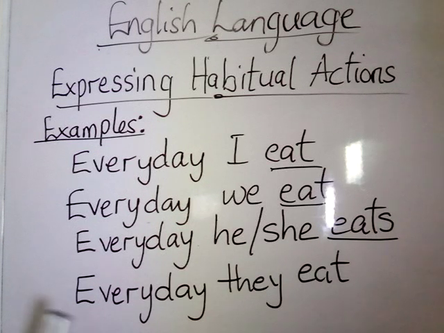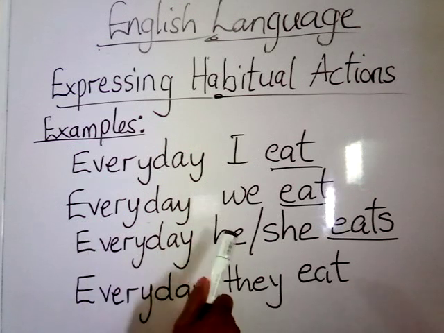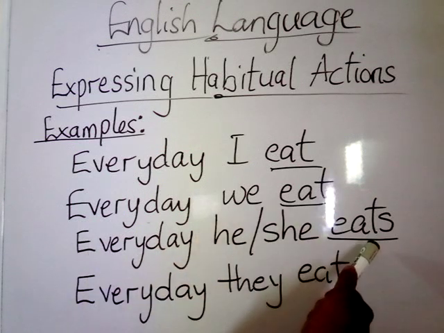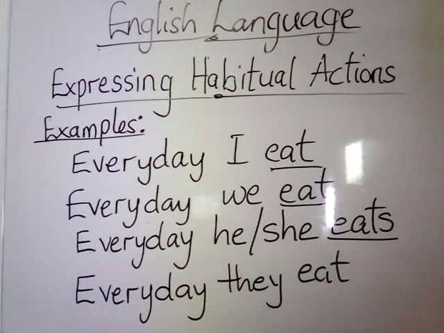Okay, so that's why we have every day he eats, every day she eats with an s. Okay, and the last example here, every day they eat. Okay, so please just take note of this. We're going to look at some more examples.